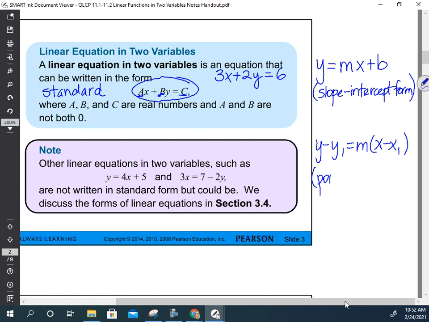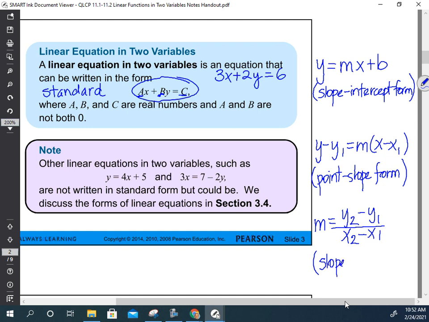This is called point slope form. And you probably remember a formula called y2 minus y1 over x2 minus x1. That is the slope formula. Slope rate of change formula.